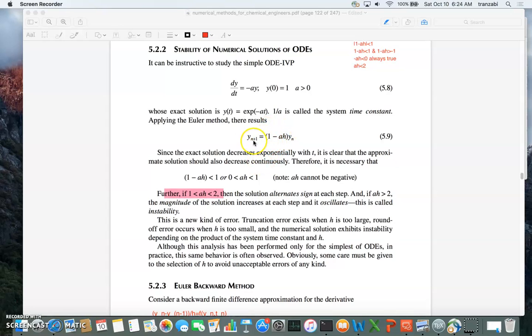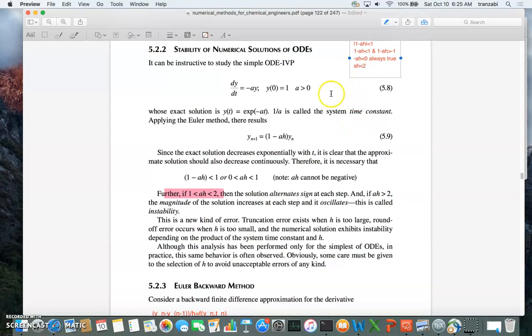So let's say y1 is negative times a number times y0, and then y2 is going to be negative of the same number times y1, and because y1 was negative, then y2 becomes positive, and then the sign on yn is going to alternate as we increase n.